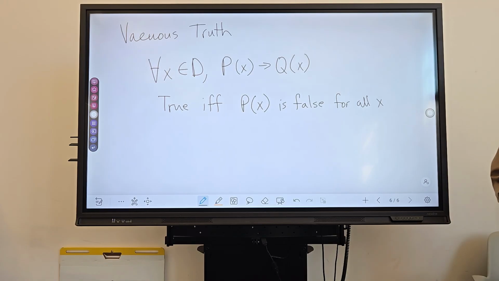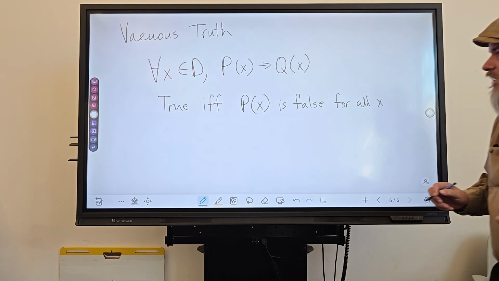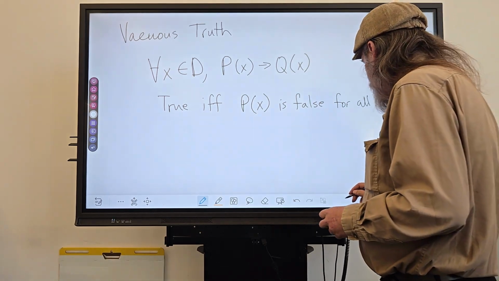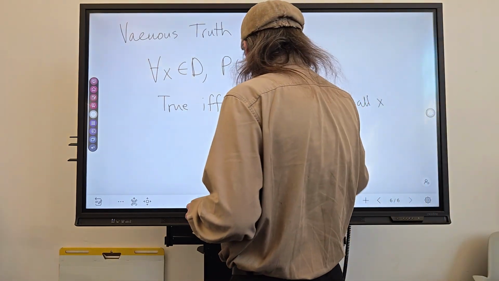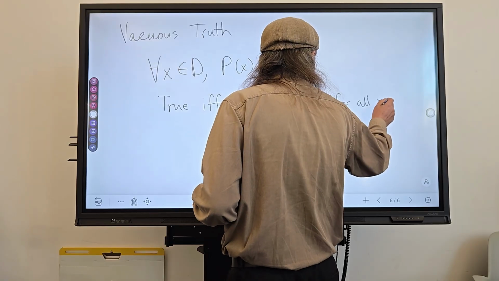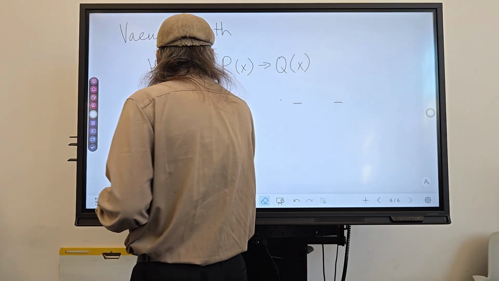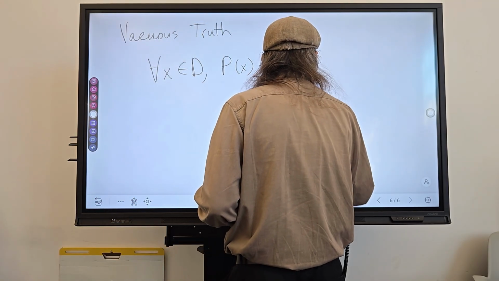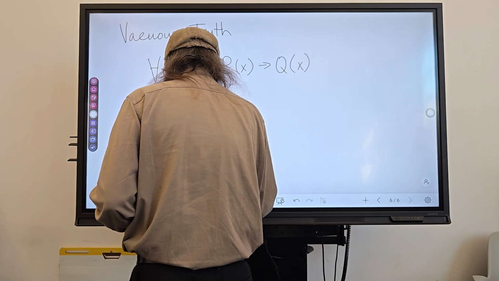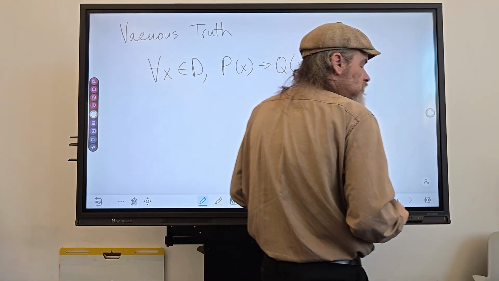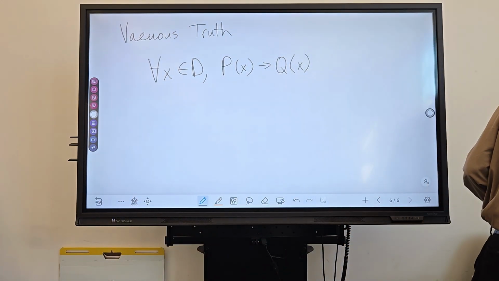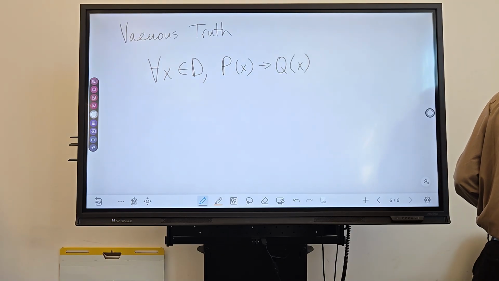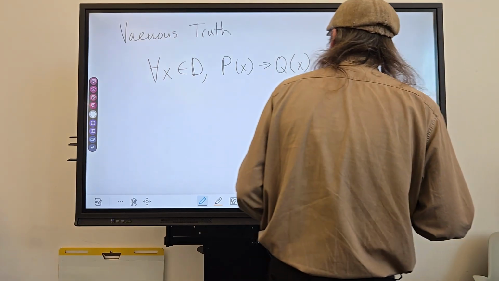Now we'll go through some variants of the universal conditional here, variants that you might remember some variety of. The contrapositive.